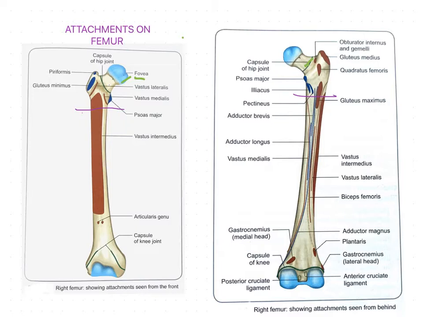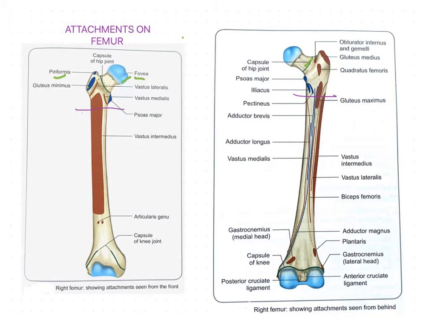The greater trochanter has an oblique ridge, which I have already shown you. On the oblique ridge, the gluteus medius muscle is inserted, and it also has a superior border. On the superior border, the piriformis muscle is attached. That means two muscles are inserted on the greater trochanter.